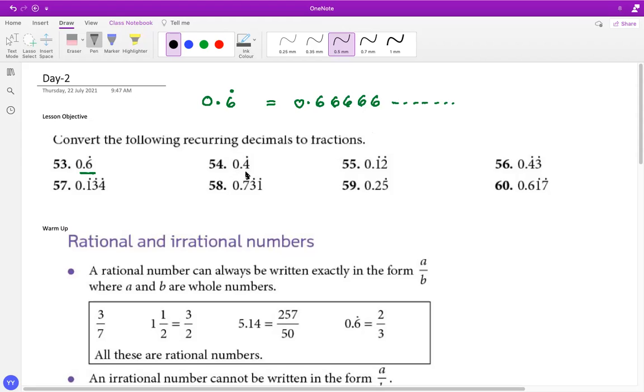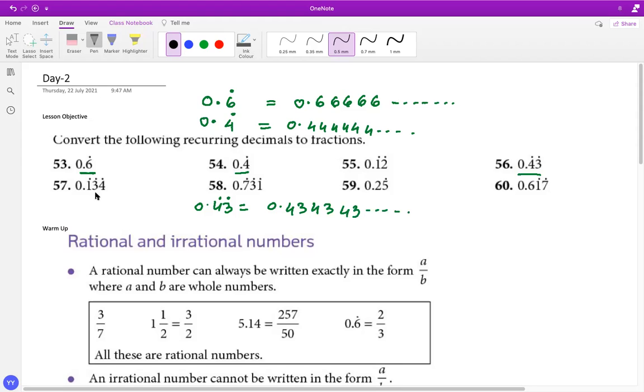Similarly, if I'm talking about 0.4 with a dot, it means 0.4444444 and so on. When I talk about 0.43 with dots on both of them, it means 0.43, 43, 43, and so on.